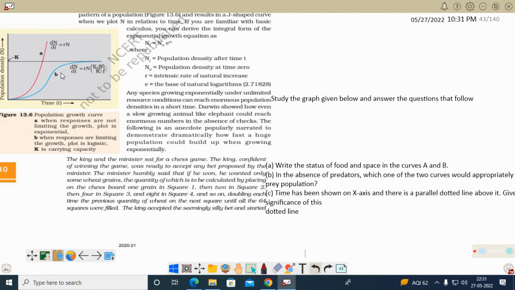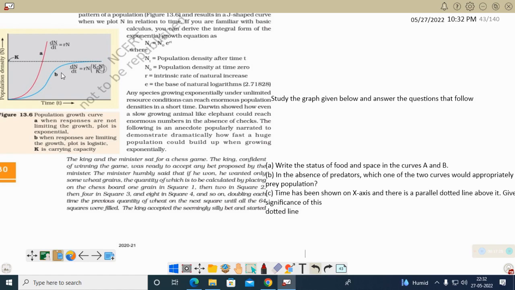So here what we have to consider, they have not given the status of the food and space, right? They have just given the absence of predators for a particular prey population. So here we can say if it is growing like the exponential growth, when the prey population is increasing, they can undergo intraspecific competition, means the competition in between the organisms of the same species itself.